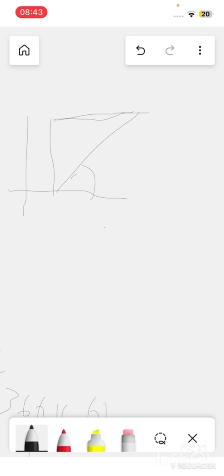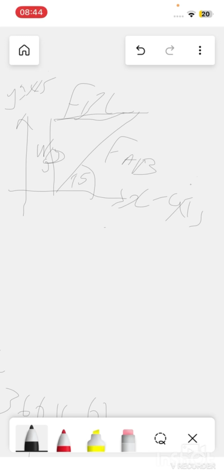This is our 15. This is our WB. This is going to be our force BC, and this is going to be force AB. This is the x-axis. If they wanted, this is going to be your y-axis. That is that, guys.